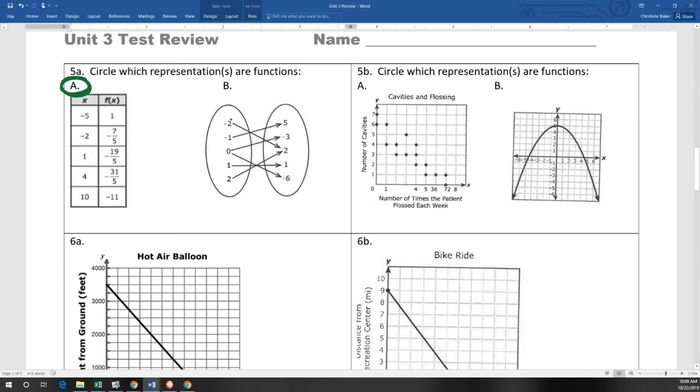Okay, B. We have -2 pointing to 2 on this mapping. And we also have +2 pointing to 2. That would not be a function. If we think about what that would look like on a graph, we would have -2, +2. Oh no, that's okay.